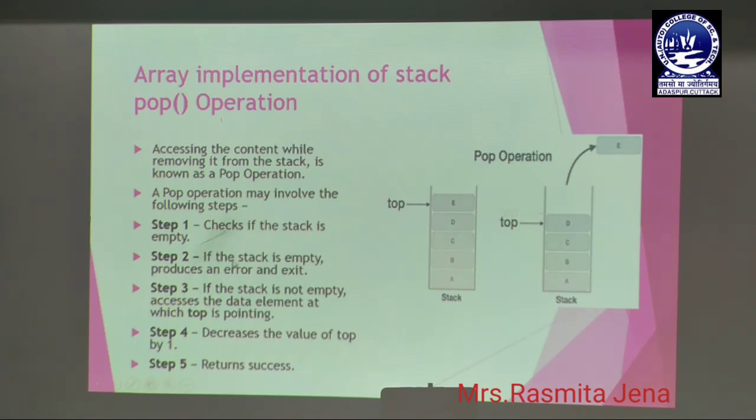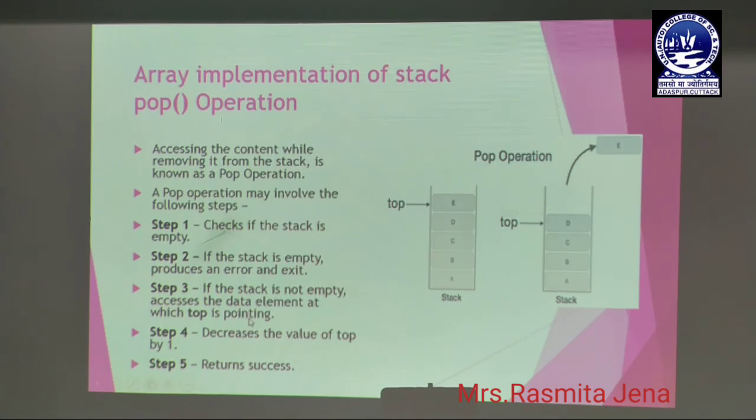If this condition is false, that means if the stack empty condition is false, then at least one element must be present in the stack, and we will pop that element, or remove that element from the stack. Then comes step 3. If the stack is not empty, access the data element at which top is pointing. Currently top points at the location where the element was inserted.